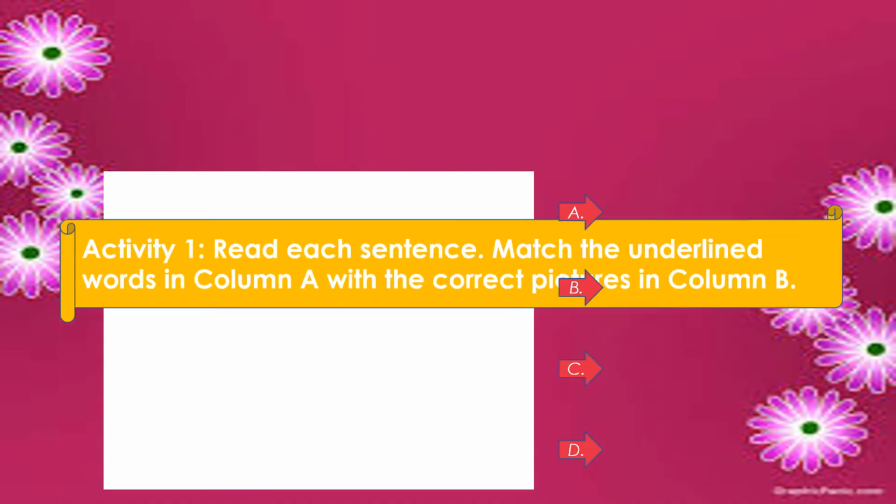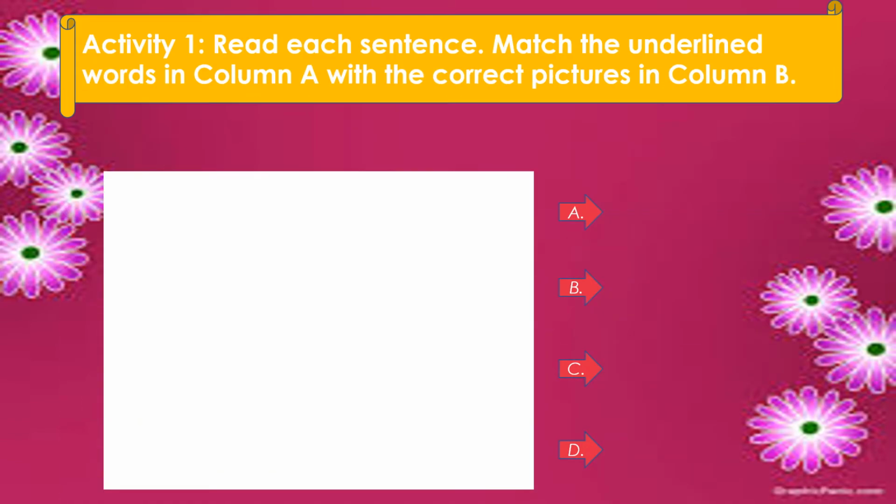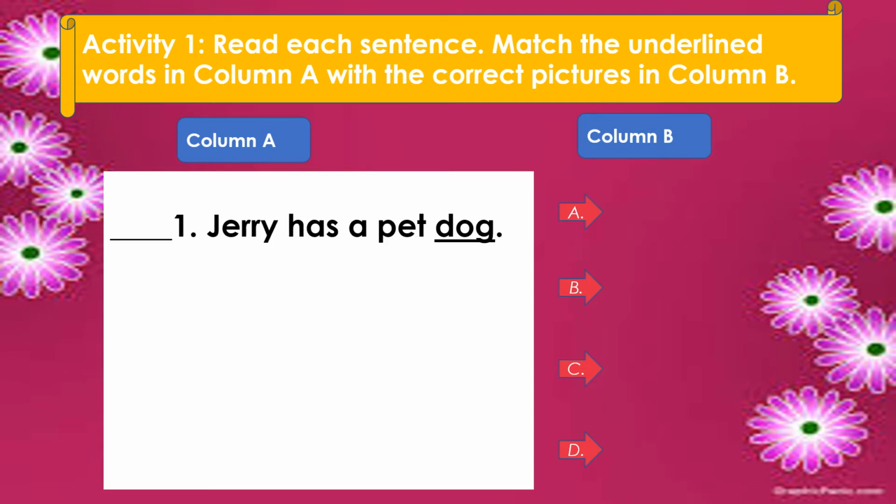Let's begin with activity 1 to further understand the lesson. Read each sentence. Match the underlined words in column A with the correct pictures in column B. Okay, number 1. Jerry has a pet dog. Number 2.